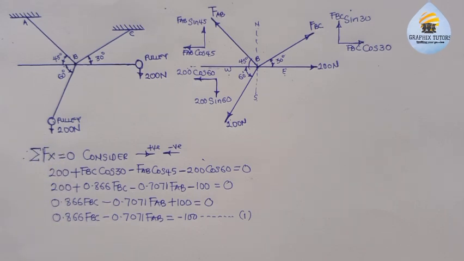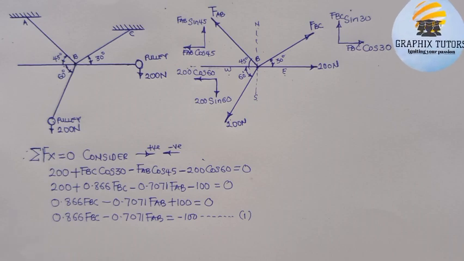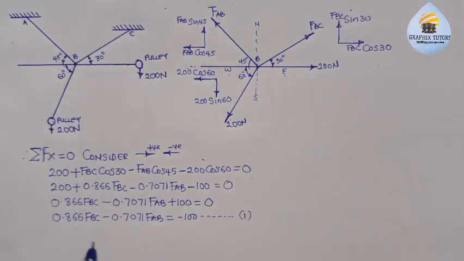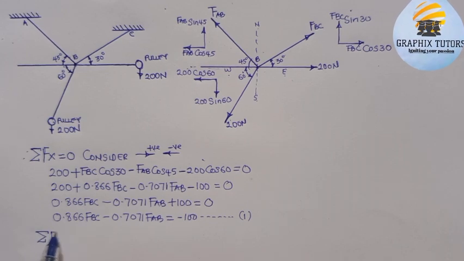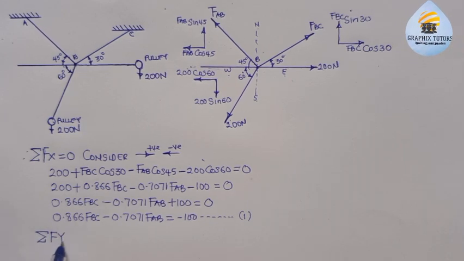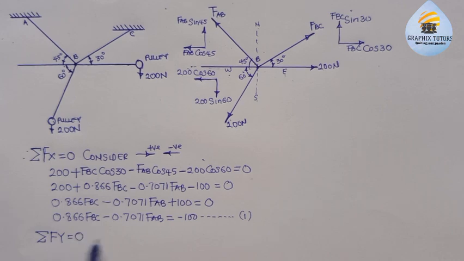Now the second condition for equilibrium is that the summation of Fy is equals to 0.